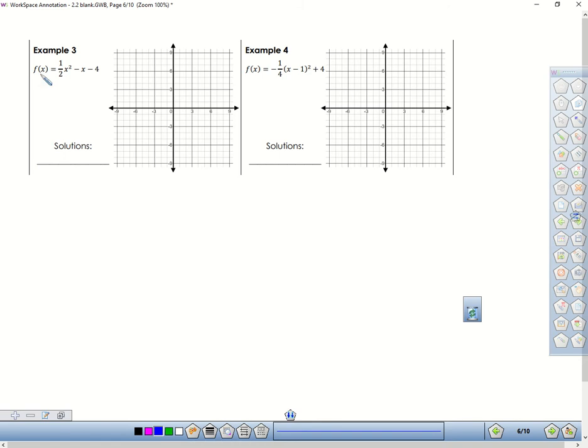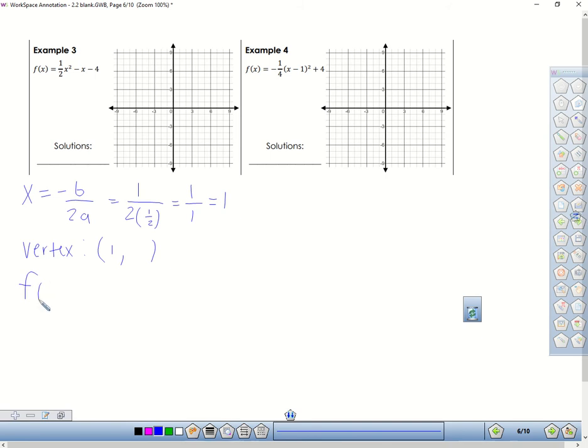So with standard form, if we want to identify the vertex, we first have to find the axis of symmetry, which is x equals negative b over 2a. In this case it's going to be 1, because it becomes a positive, over 2 times 1/2. Well, 2 times 1/2 is 1, so we have 1 over 1, which is 1. So I know that the x-coordinate of my vertex is 1, which means we can use the x-coordinate to plug into my quadratic to find the y-coordinate.